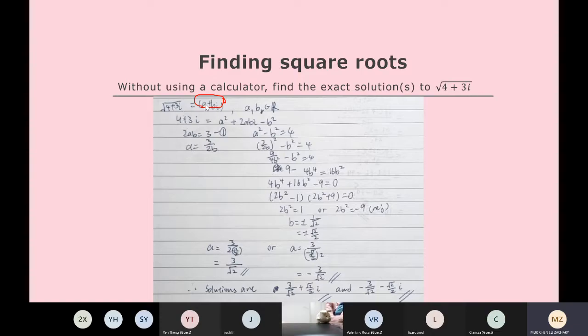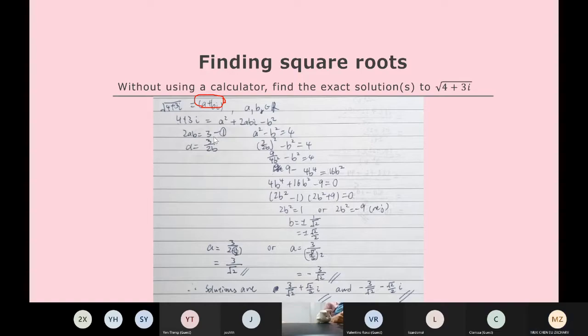Now, when you square both sides, you actually remove the square root, and you get 4 plus 3i equals a squared plus 2abi minus b squared. This is basically the expansion of your squared complex number.